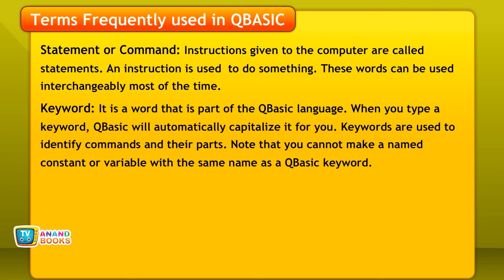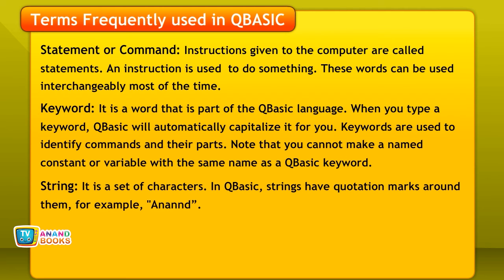It is a word that is a part of the QBasic language. When you type a keyword, QBasic will automatically capitalize it for you. Keywords are used to identify commands and their parts. Note that you cannot make a named constant or variable with the same name as a QBasic keyword.